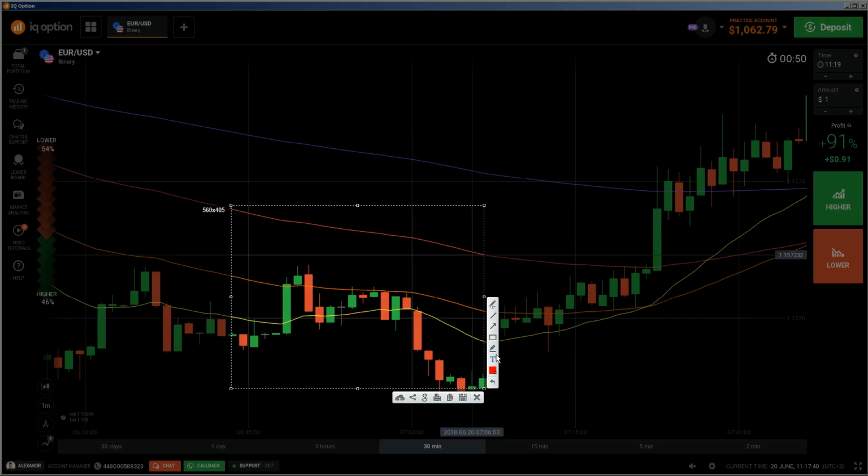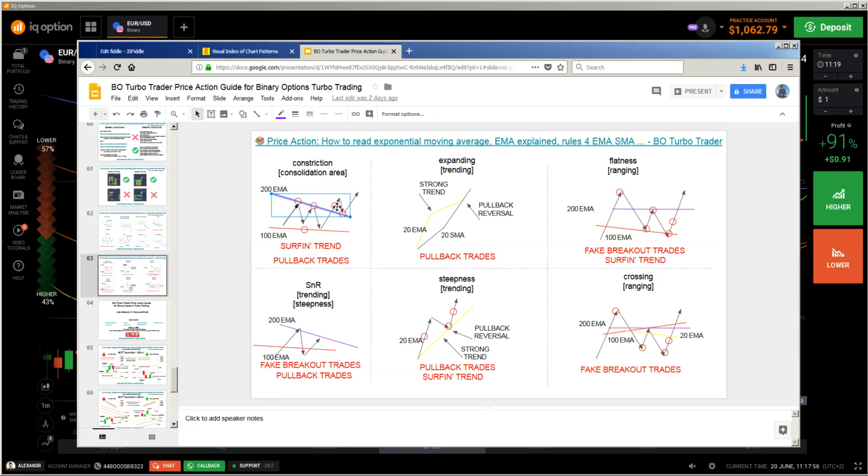You have here the constriction area, consolidation area, and it's going up, and after this you get a rejection from this candle, and then you trade this breakout candle. This is what I have explained here as the pullback. This kind of pullback can be longer, it can be 1, 2 or 3 candles, or it can be also 1 candle only, and that is what I talked about, the breakout.